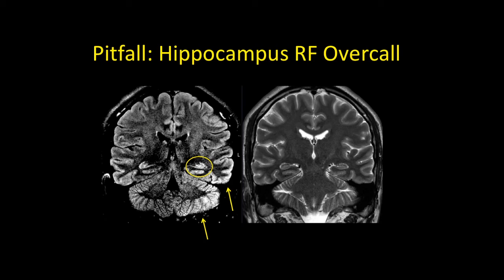So if the entire lower left side of the brain is brighter than the right, that's probably an overcall. And you can go to the T2 and see that there's no signal abnormality or architectural distortion in the left hippocampus. So this is another trick when you're windowing the FLAIR, that you can come across this RF overcall.